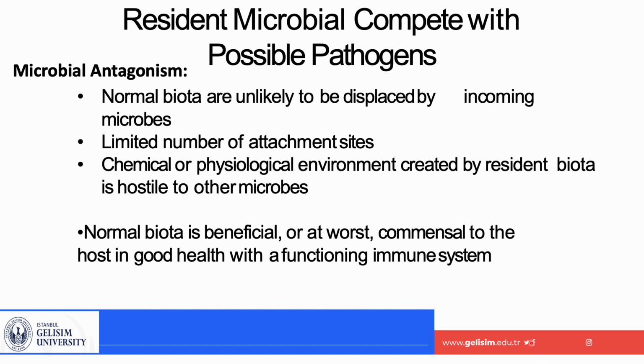So the normal biota in the body is usually beneficial, and at worst, commensal to the host. This means they don't cause harm to a healthy host, and they may even provide benefits such as aiding digestion and protecting against harmful bacteria.